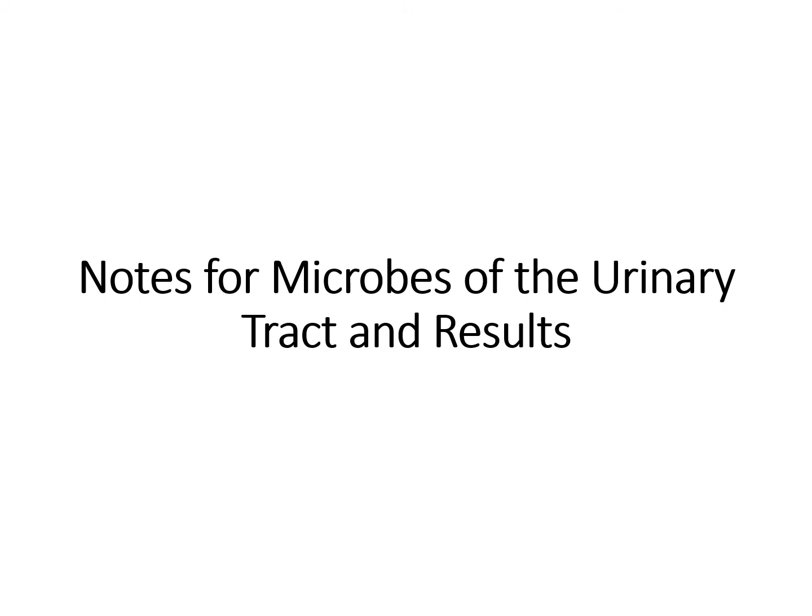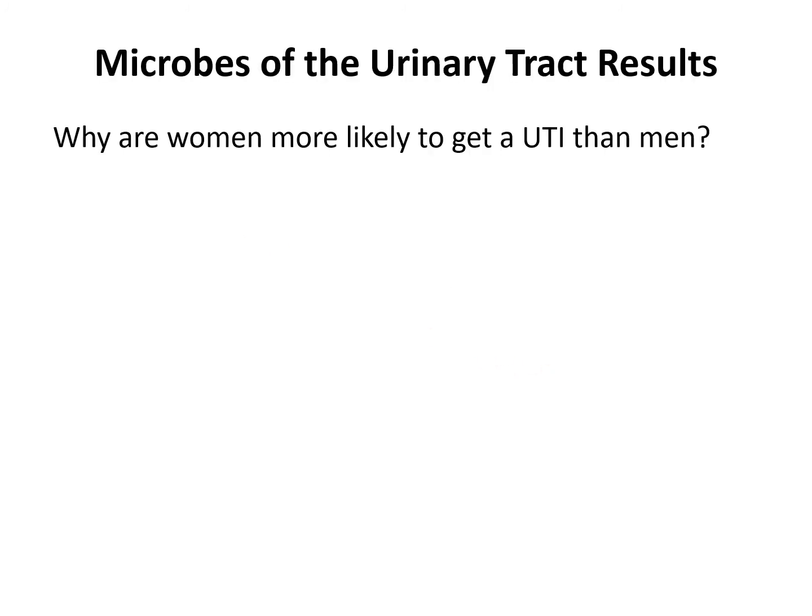Now, some extra notes to know about the microbes of our urinary tract. Women are more likely to get a UTI compared to men, and there are anatomical reasons for that. One is that the urethra is much shorter in women compared to men.